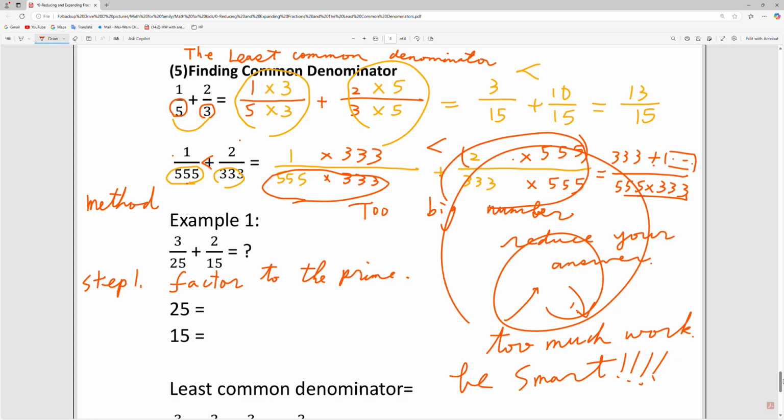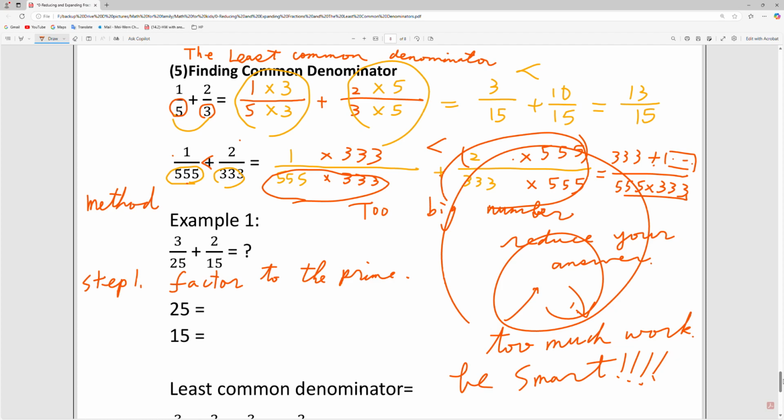Okay, if you are elementary school students, beginning learners, you don't need to learn this part, but you can come back to this video when you are learning higher level math. This part is for students who already learned addition and subtraction and are trying to find the least common denominator.